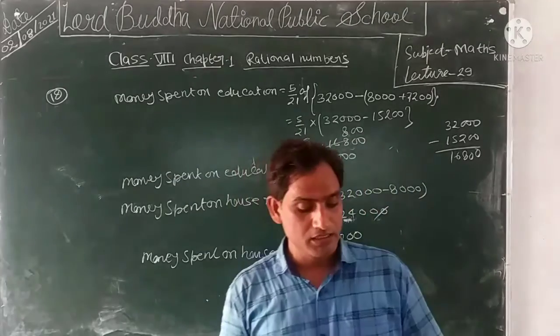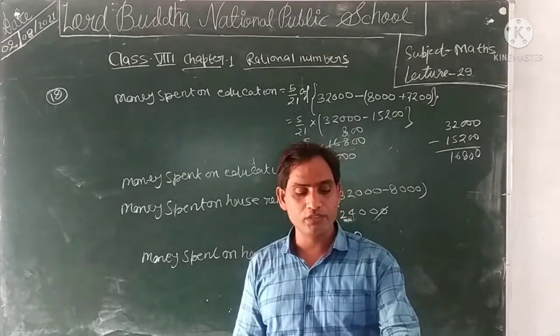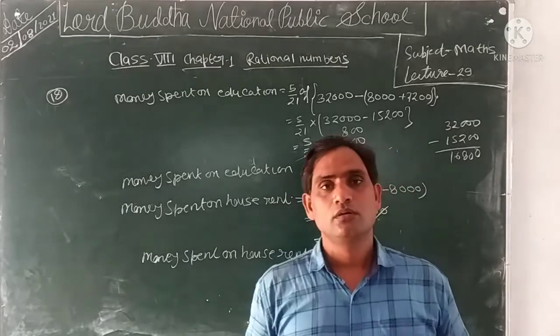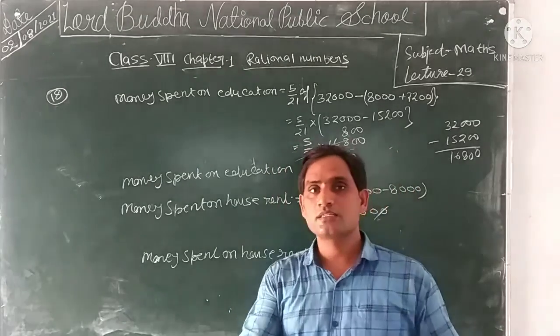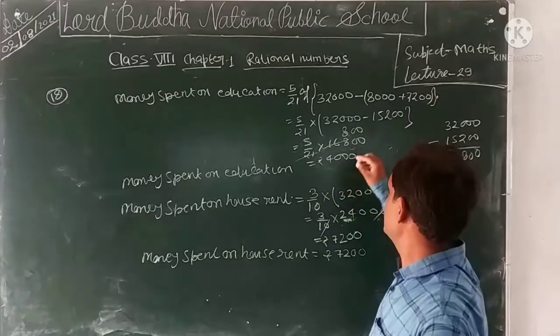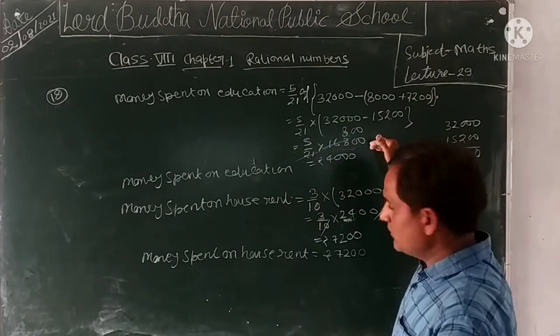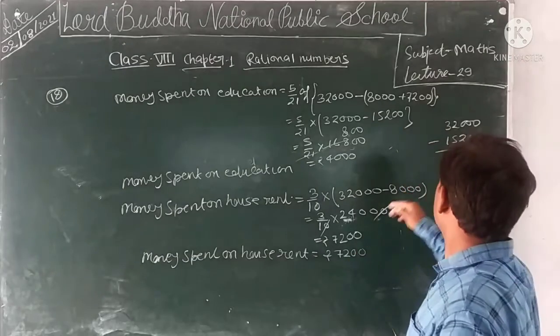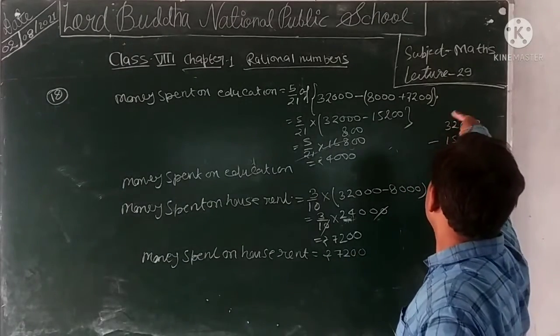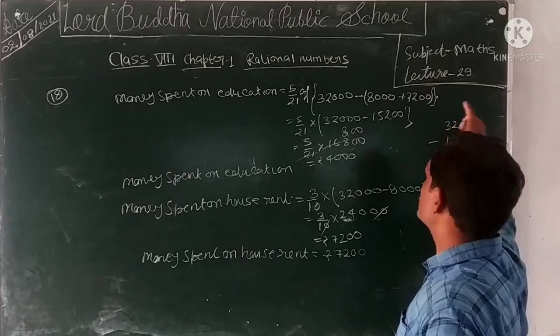The question is how much money is left with him? To get the money left with him, we subtract the sum of the expenditure, meaning on food, on house rent, and on education, from his monthly income 32,000.